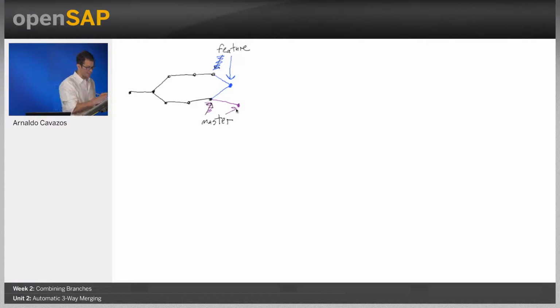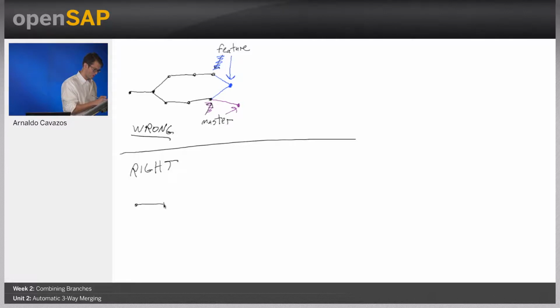Now you see from this drawing why the bug fix you made on master didn't successfully include the feature branch, because master and feature weren't pointing to the same commit. So that was clearly the wrong way to do it. Let's look at the right way.